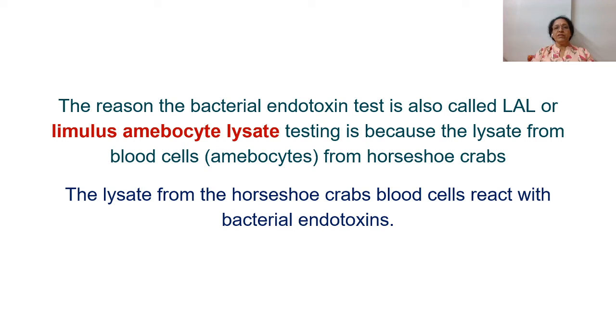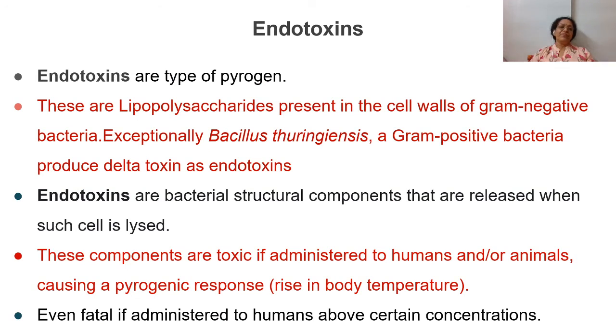Endotoxins are nothing but lipopolysaccharides which are present in the cell wall of gram-negative microorganisms, and they can be detected by this test. These endotoxins are a type of pyrogen, that is, substances which when released in the body cause a febrile illness, and the temperature of the body increases.